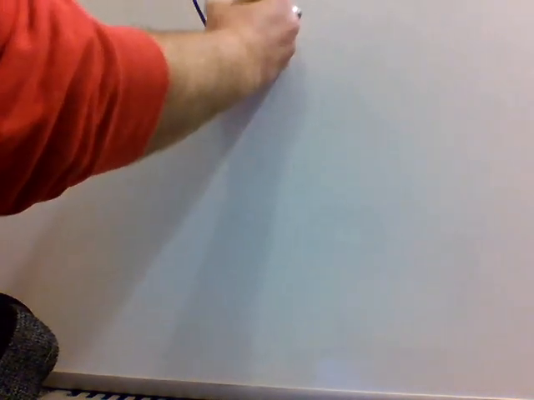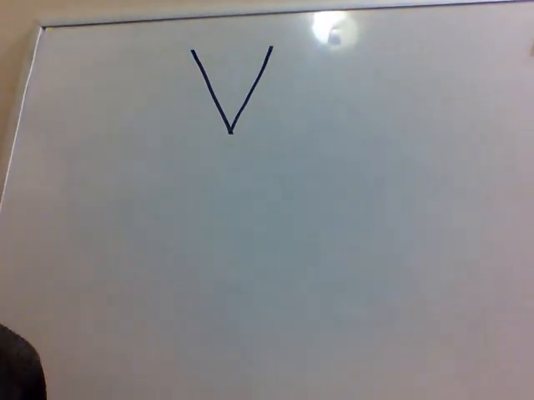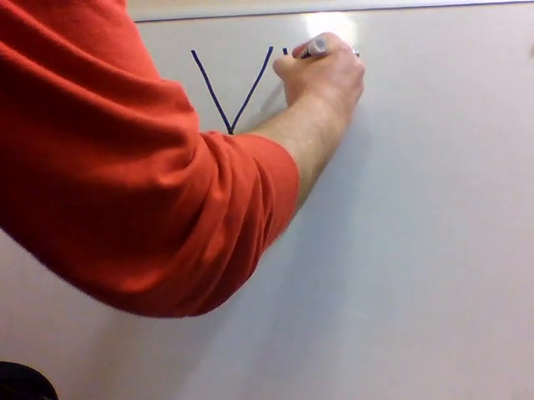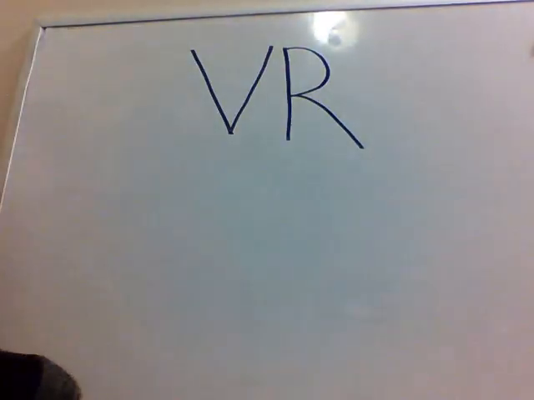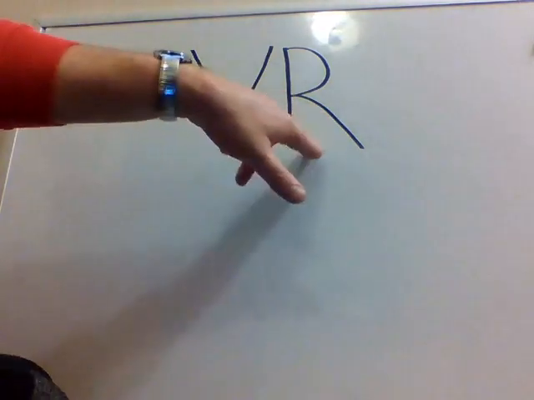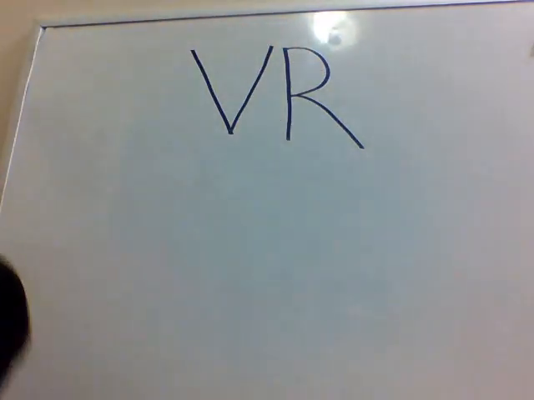Okay, on your paper, and I'm going to use my board here, you can write a V, which stands for vowel. And then put a capital R after it, which of course stands for the R. Now, most of the time, this R is going to be lowercase, but a capital is going to work out better for a picture.